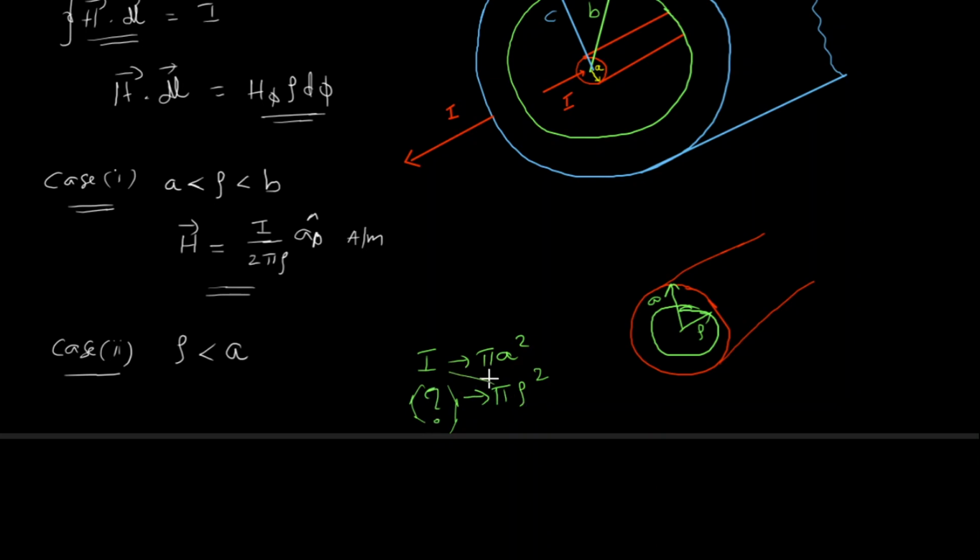So what I can do is cross multiplication, because this is my reference. If I name this I enclosed, I write I_enc. If I cross multiply, what will be my I_enc? Pi will get cancelled, so I get it as rho square by a square multiplied by the total current.